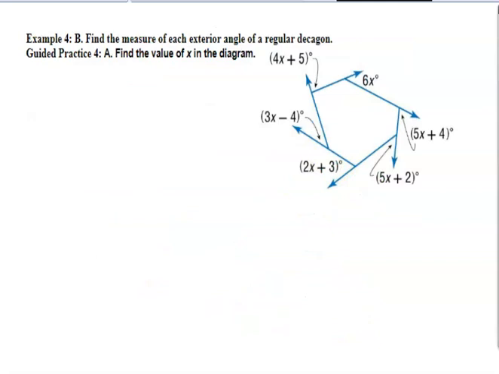Okay, now let's try this next one. Find the measure of each interior angle of a regular decagon. Find the value of x in the diagram. So first we need to find the value of x, and then you can plug it back into each of them. All right, so let's add them up. Okay, so what is the value of x?